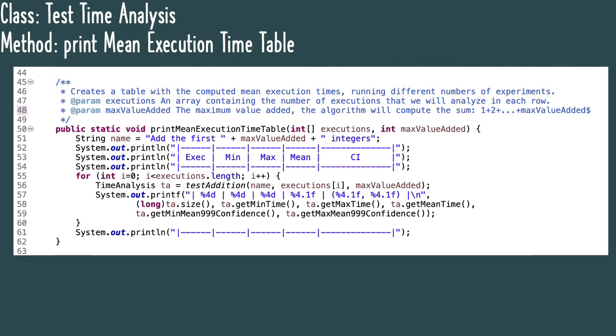Now, how do we do that? We start by determining the name of the method, then we print the header of the table, and here you just need to think how big each of these values is, how you want to print them, and compute the number of characters that you want to allocate for each column.